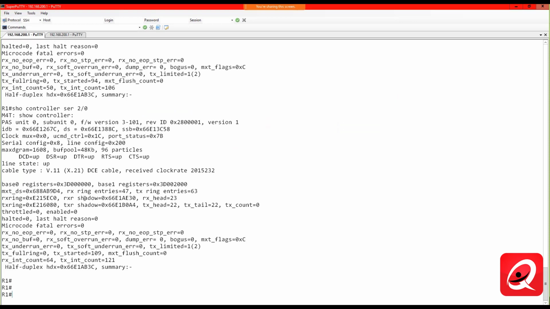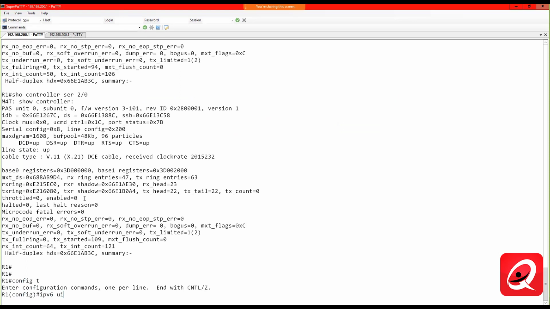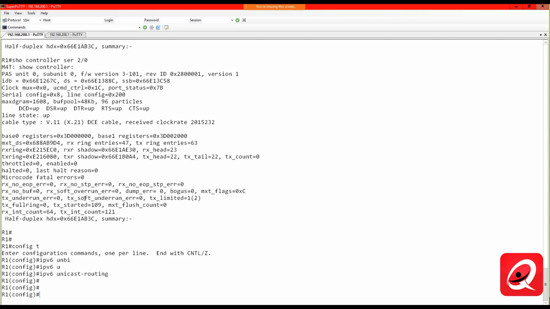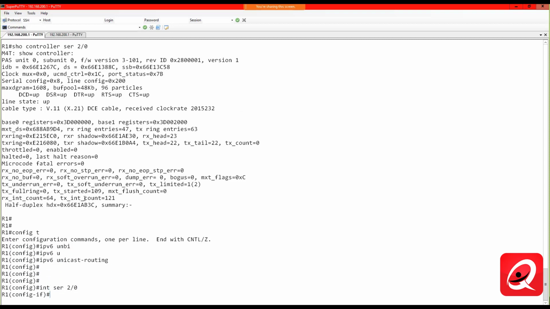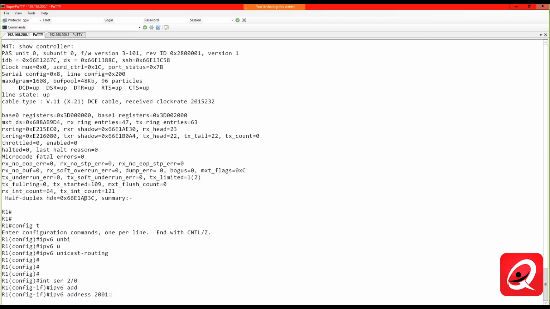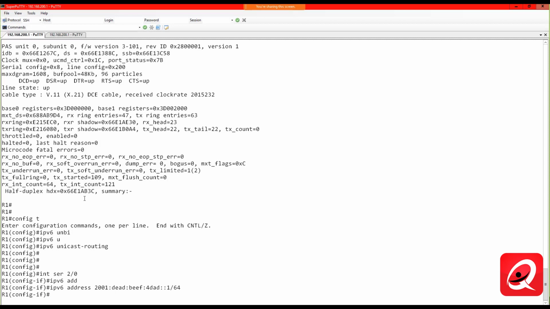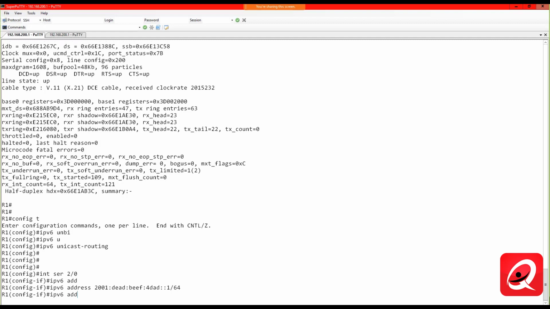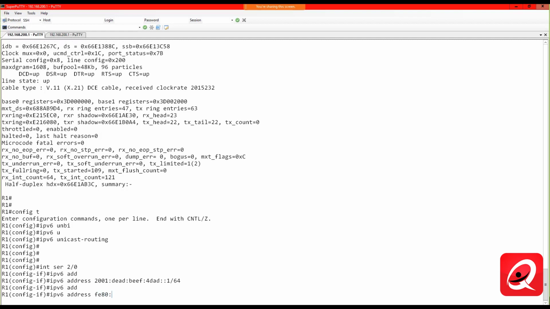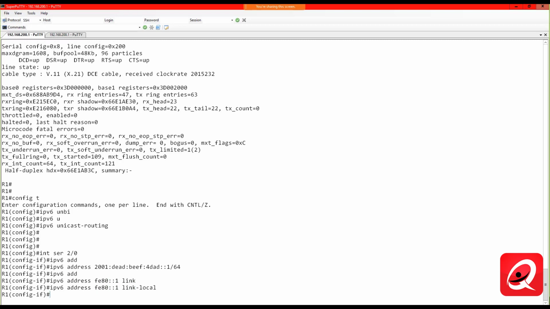Let's go to our router, config t, ipv6 unicast-routing to turn on the protocol stack. IPv6 address 2001:dead:beef:4dad::1/64. And I'm also going to do another thing here just to make our lives a little bit easier. IPv6 address FE80::1 link-local.